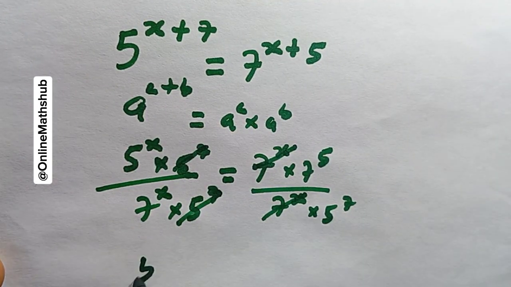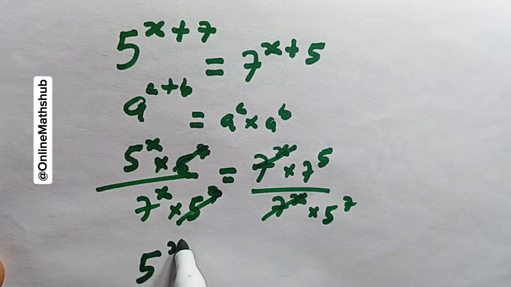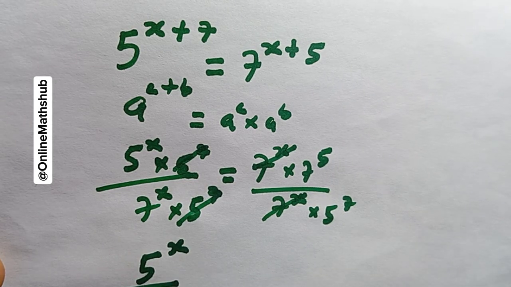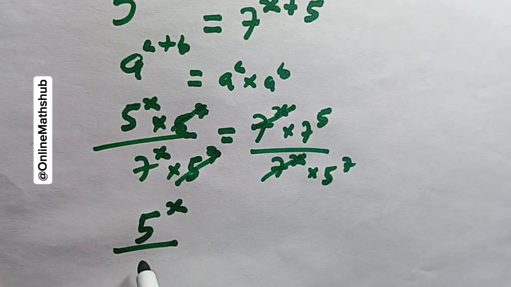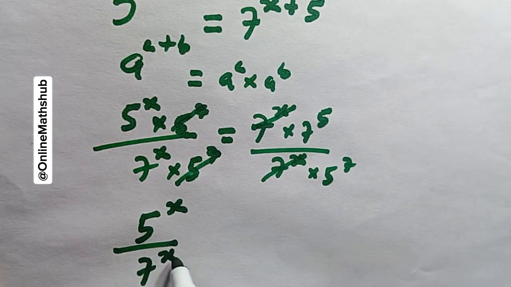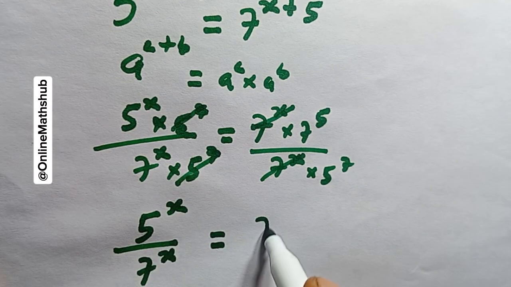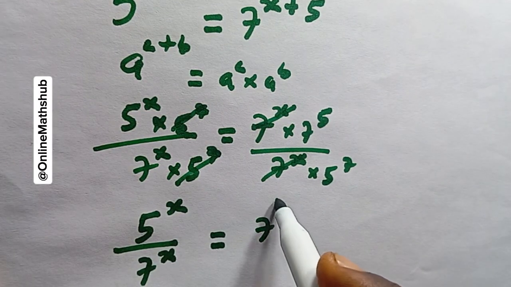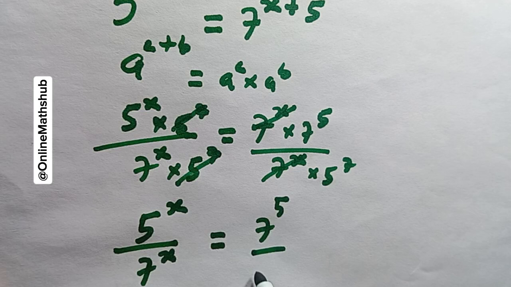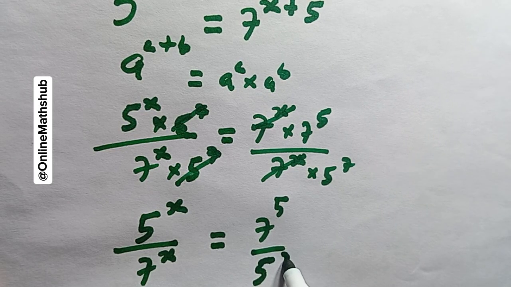So I'm left with 5^x divided by 7^x is equal to 7^5 divided by 5^7.